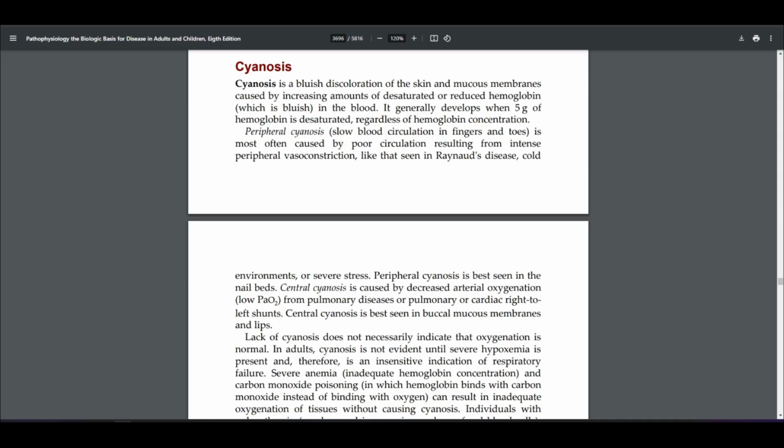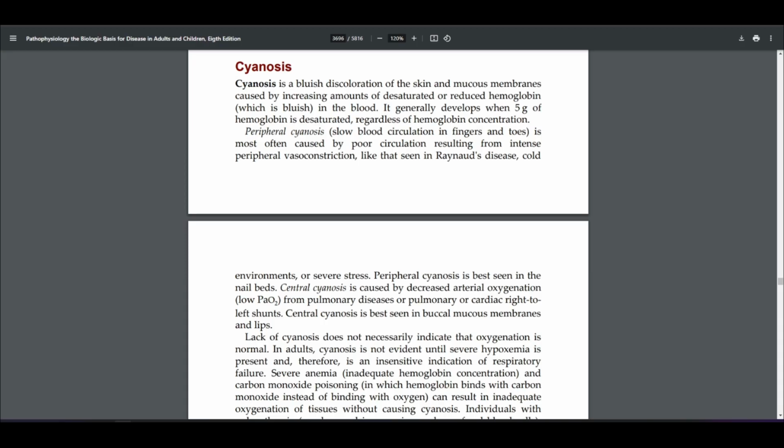Cyanosis. Cyanosis is a bluish discoloration of the skin and mucous membranes, caused by increasing amounts of desaturated or reduced hemoglobin in the blood. It generally develops when 5 grams of hemoglobin is desaturated, regardless of hemoglobin concentration.